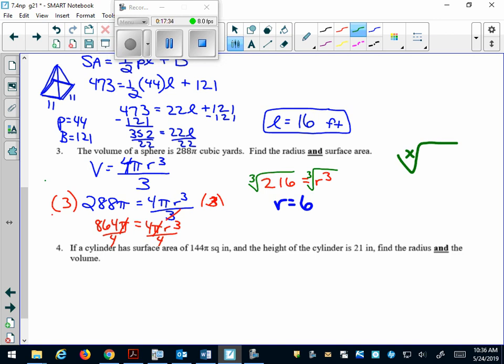So on those calculators, you want to put in the root that you want to find first. For this one, we're doing the cube root, so you would push 3 first, and then this button, which on most calculators is a second function. Then put in 216, and then equals, and you should get 6.